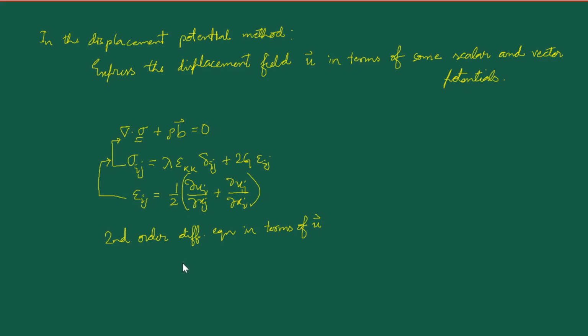The reason is simple: because you are from the very outset trying to solve for the displacements, of course, the moment you obtain the displacements, they are going to be compatible. You don't have to worry about the compatibility separately, which was not the case in the previous chapter, because you were trying to solve for the stresses. Okay, and from those stresses you would be able to find out the displacements.